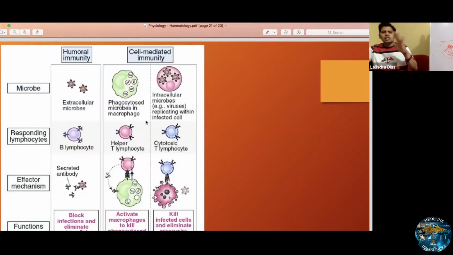Whereas in humoral immunity, you just produce antibodies against something outside. That's why you call it extracellular. Right. So here in cell-mediated immunity, phagocytose microbes in macrophages.